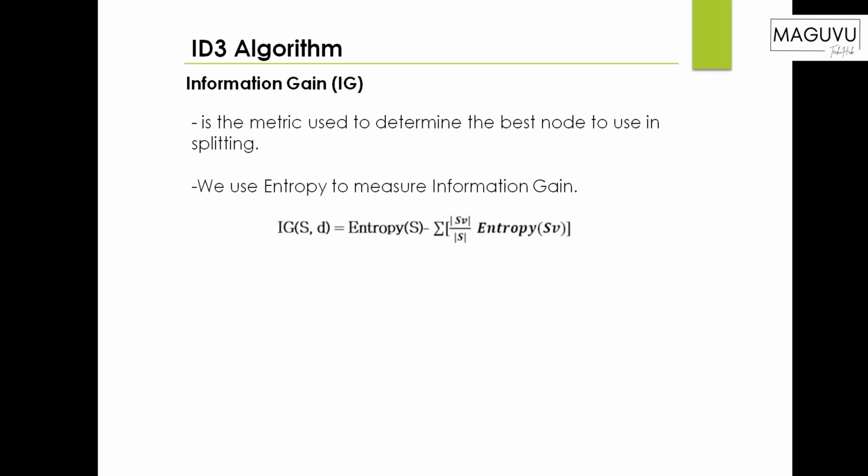The method of calculating information gain can be represented as entropy of S minus the summation of the cardinality of Sv over S multiplied by the entropy of Sv, where v represents a specific attribute or class label.